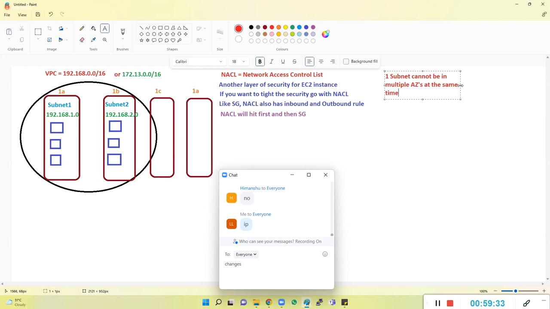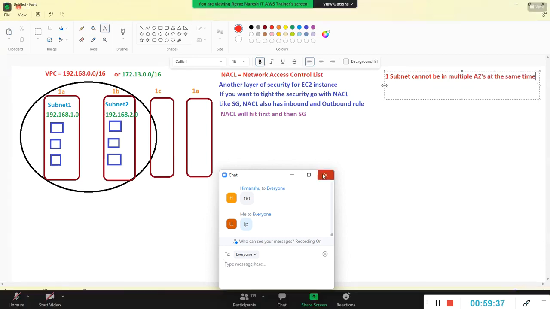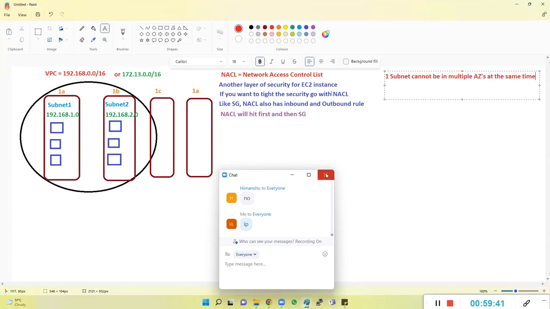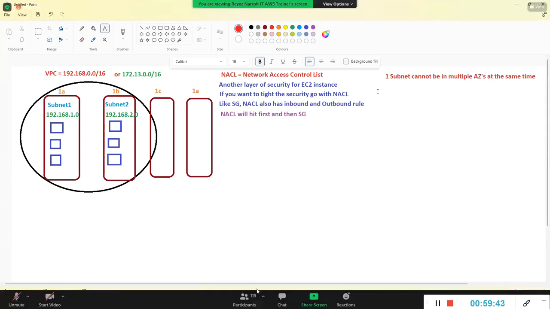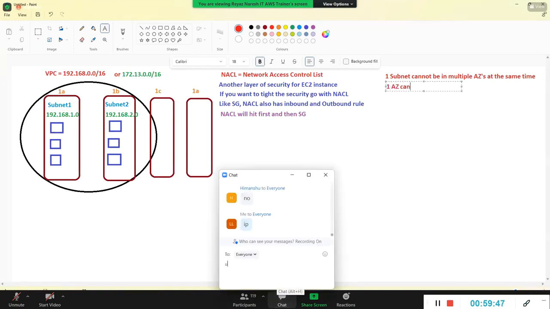It will be there only in one, it cannot be shared. Okay, now you tell me, can one availability zone have multiple subnets?